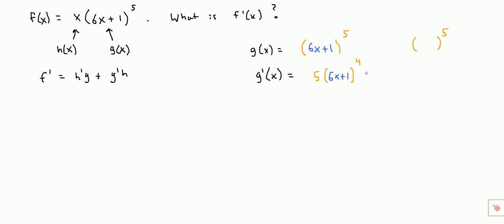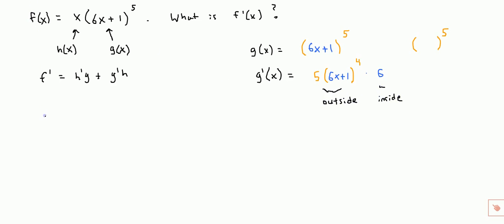And now we're going to multiply that by the derivative of the inside. The inside is 6x plus 1. What's the derivative of that? It's just 6, right? So we've got the derivative of the outside times the derivative of the inside. Okay?